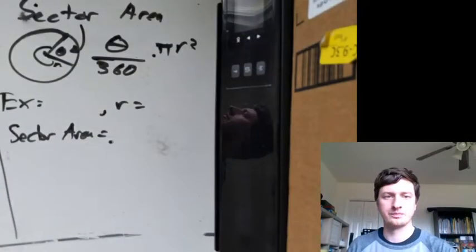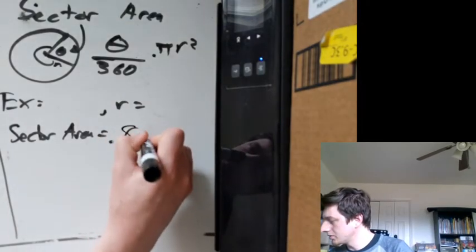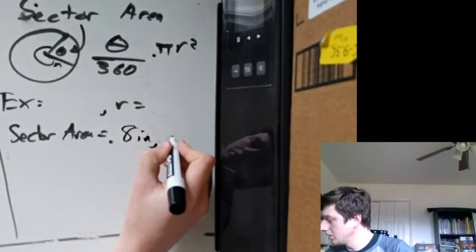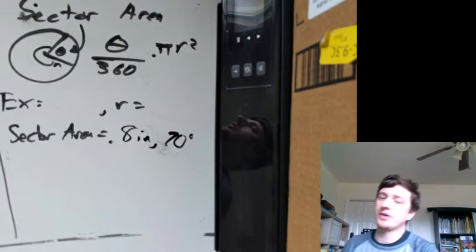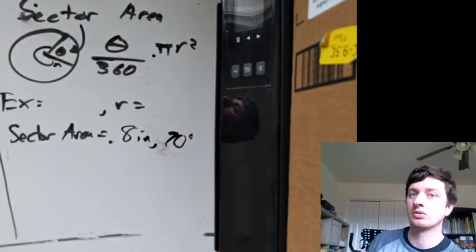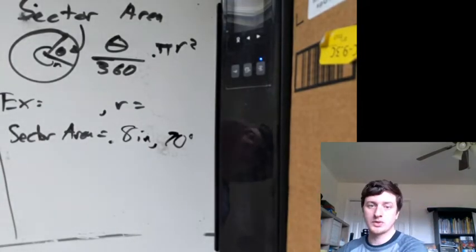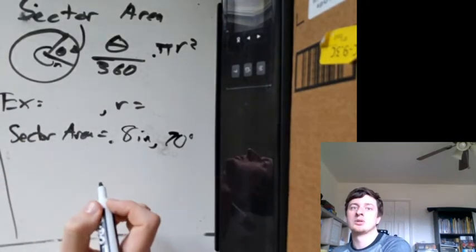And you could find the big circle area instead. It would be 360 minus 70, and that would give us the ratio. Then we just plug these things in.